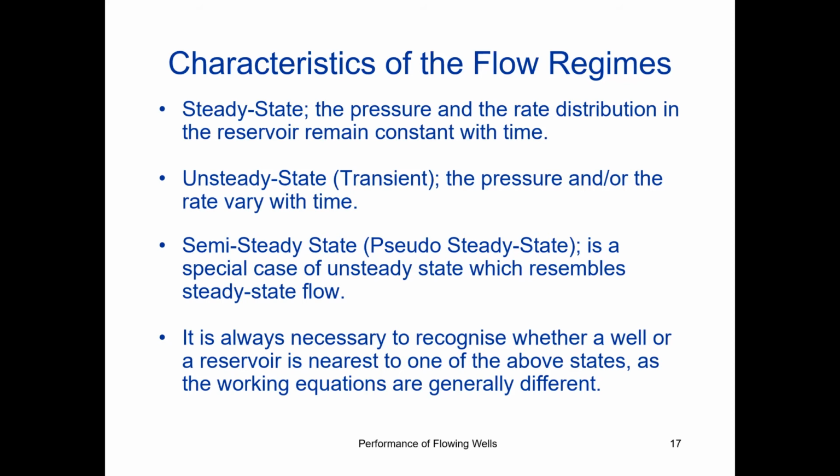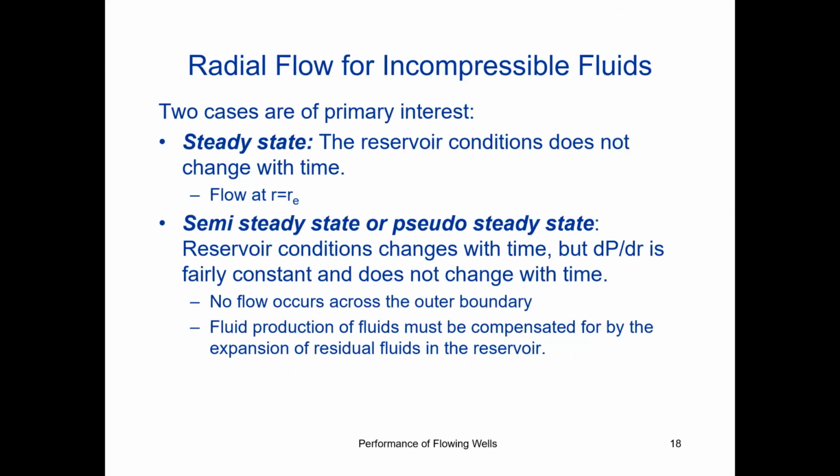Unsteady state is for oil, where the pressure will drop unless there is a supply of fluid to the boundary of the reservoir. In steady state, there is flow at the boundary of the reservoir, and therefore everything remains constant. In steady state, dP to dr is fairly constant and does not change with time.